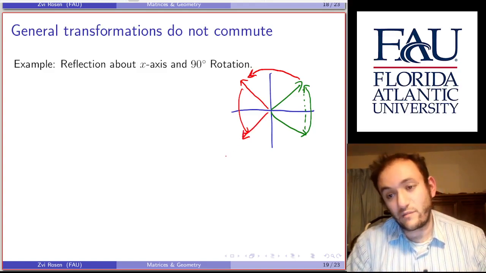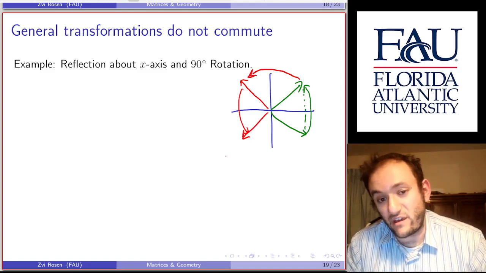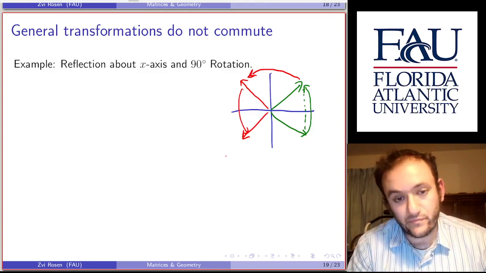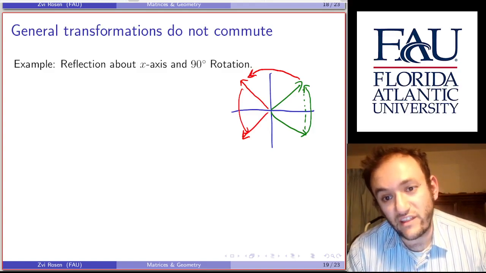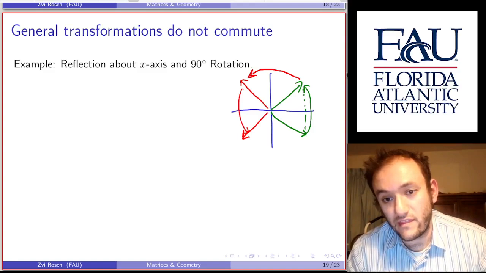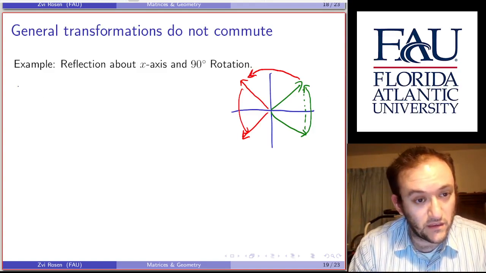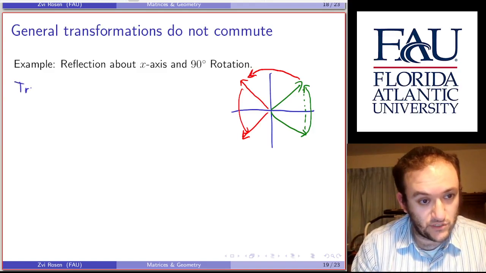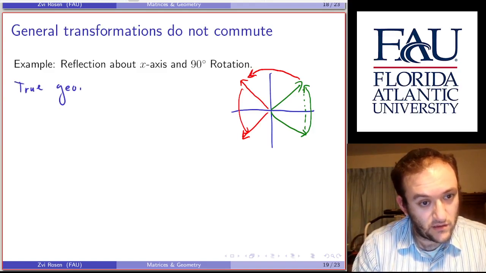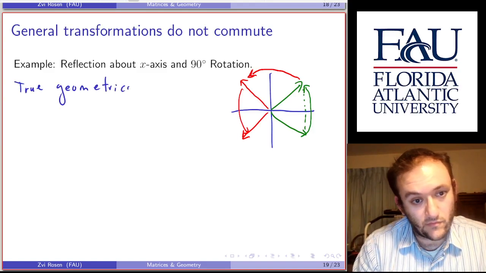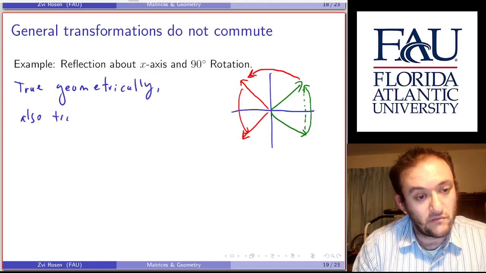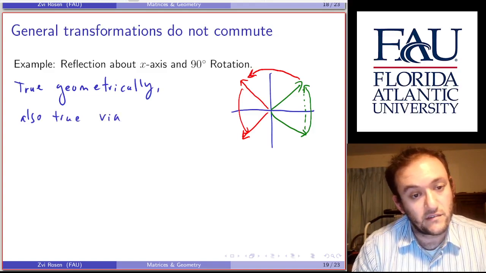So we would get precisely the negative of the vector that we got by doing it the other way. And this is reflected in the matrix multiplication as well. So it's true geometrically, but it's also true via the standard matrices.